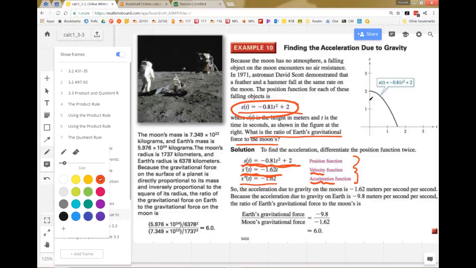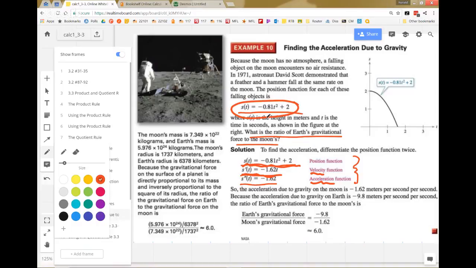If you're driving and you step on it, how fast are you changing your speed? That's called acceleration. So a really cool thing happens. When you take a position function and take the first derivative, you will have the velocity. And if you take the derivative of the velocity, you have the formula for acceleration.